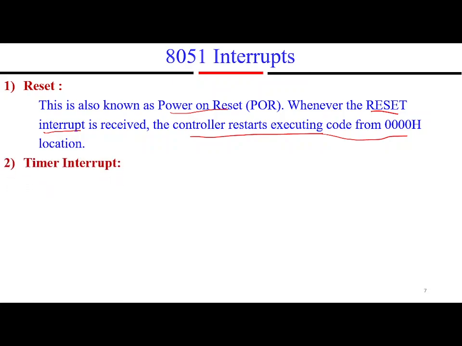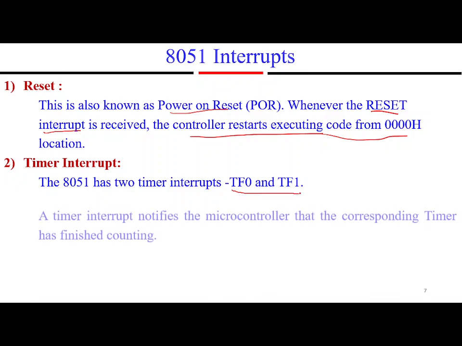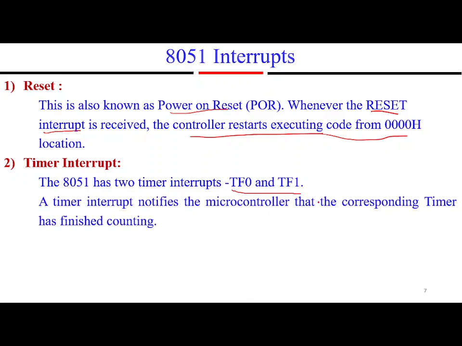Second is the timer interrupt. The 8051 has two timer interrupts, TF0 and TF1. It notifies the controller that the corresponding timer has finished its counting task. TF0 is used for timer 0 and TF1 is used for timer 1. The next interrupt is the external interrupt.